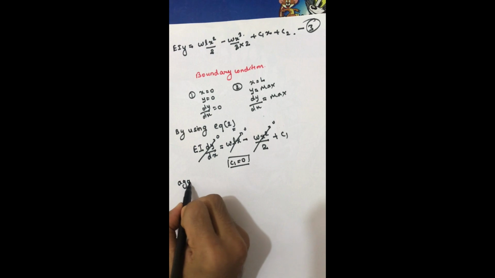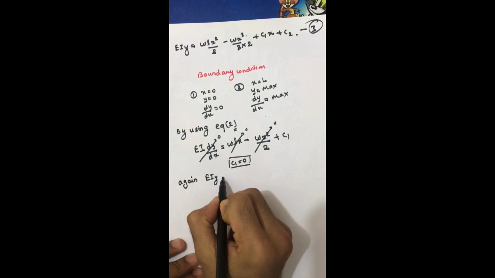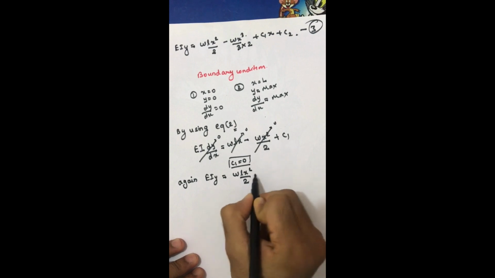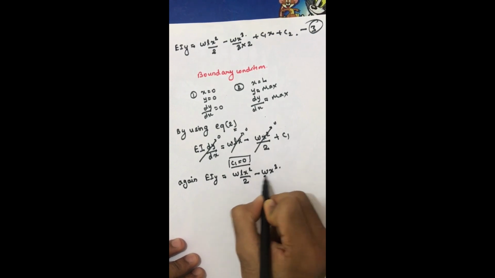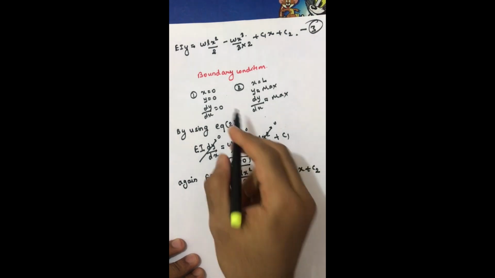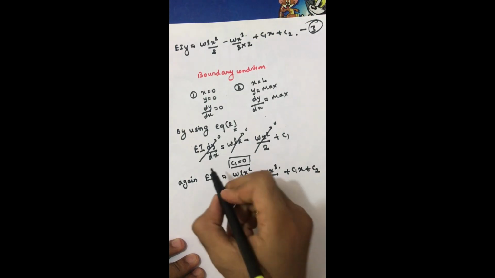Again, by using equation number 3 we get EI y equals w L x square by 2 minus w x to the power of 3 divided by 6 plus c1 x plus c2. Here also we put x equals 0, y equals 0, and dy/dx equals 0.